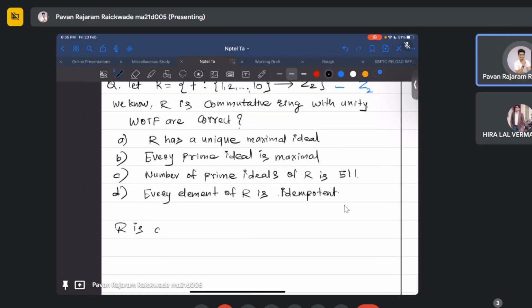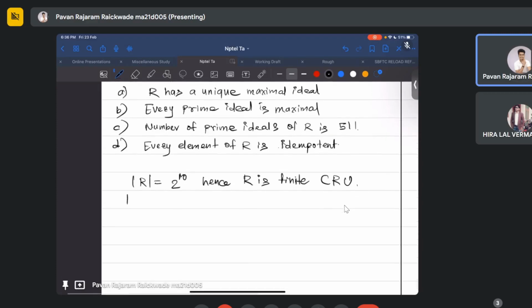R is a commutative ring with unity, finite also, because Z2 has only two elements, 0 and 1, so R has 2 raised to 10 elements. So the cardinality of R equals 2 raised to 10, and R is a finite commutative ring with unity.